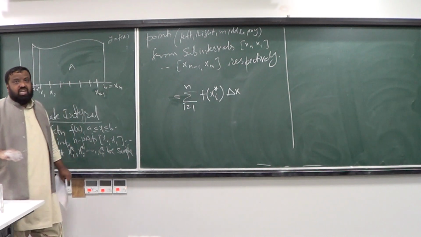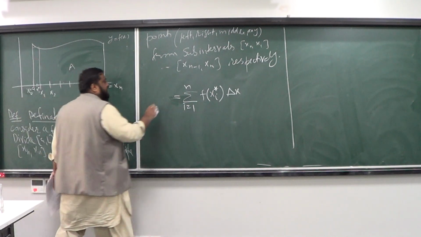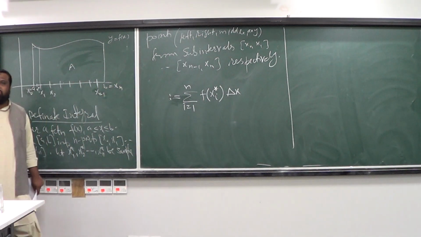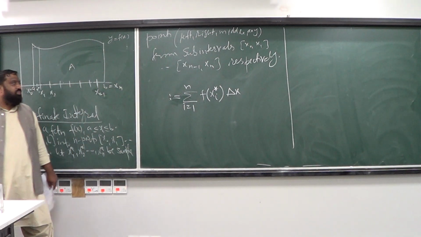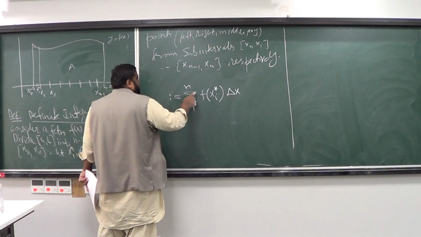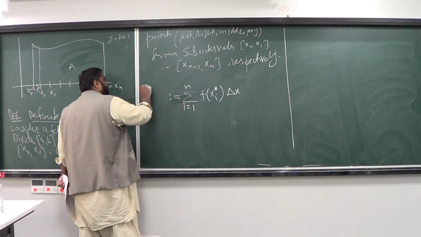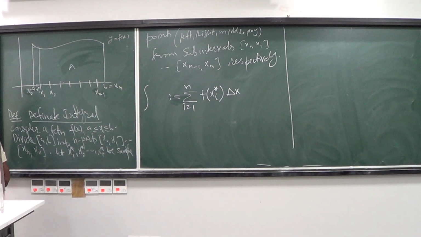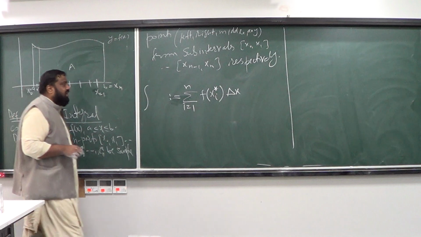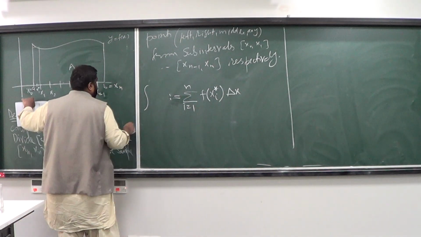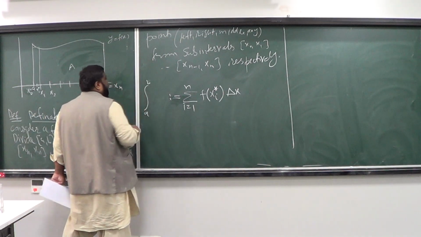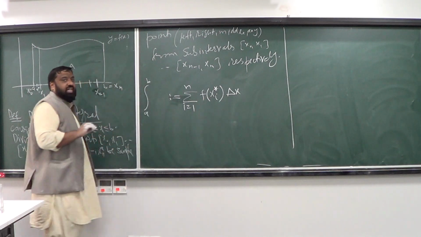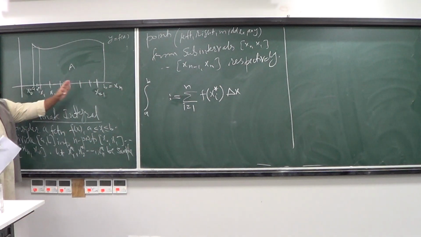Now let me give this sum a strange name. This is a sum, so let's take a big S. This integral sign you can treat as a big S. I am summing from where to where? From a to b.